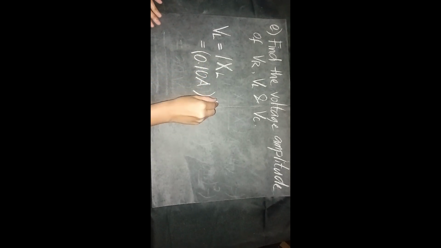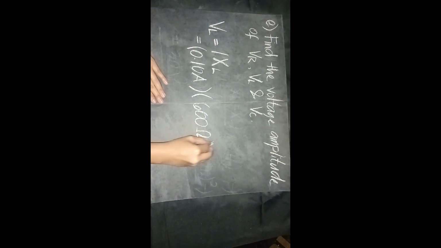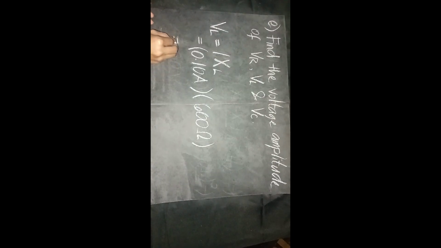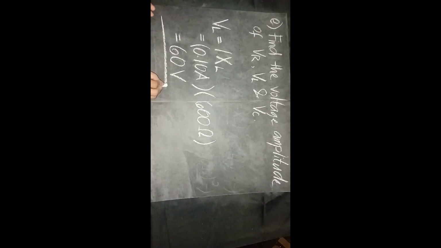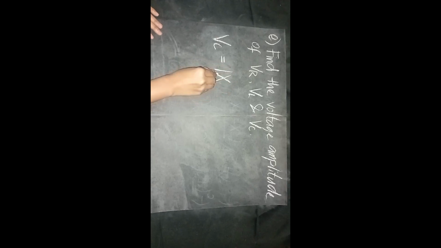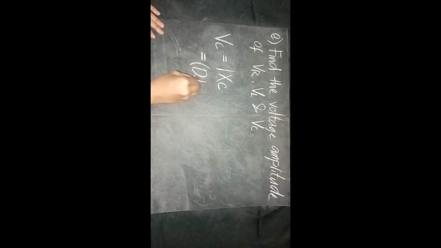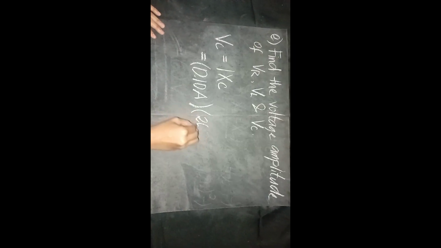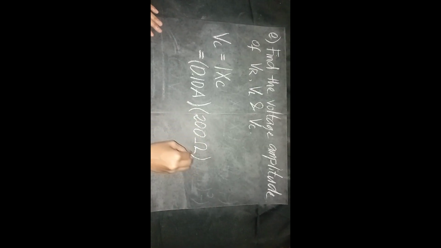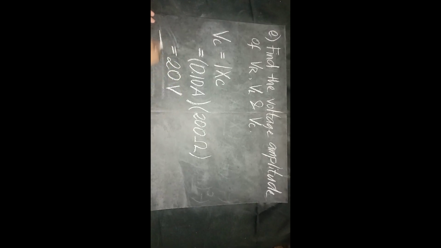So again I is 0.10 amps and the value of XL is 600 ohms. So the answer is 60 volts. And the last one is the capacitor voltage, in which VC is equal to IXC. So again, the value of I is 0.10 amps and XC is 200 ohms. So the answer is 20 volts.